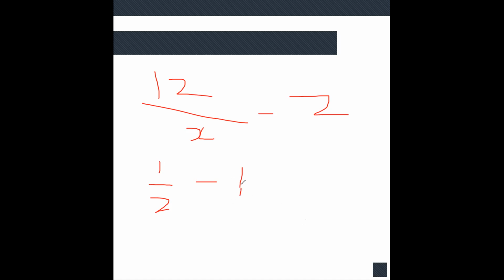So how would you work this out? Let us use 10. 10 over 2 minus 1. How would you work this out?